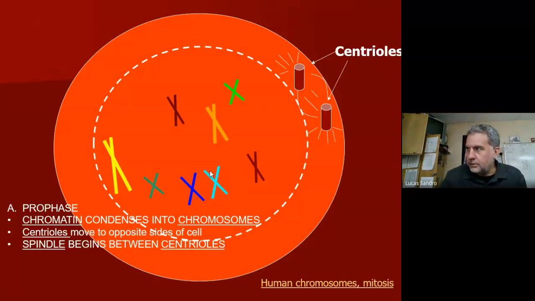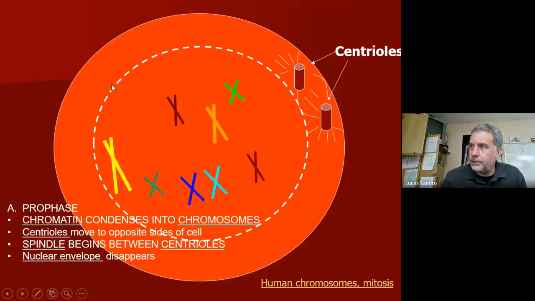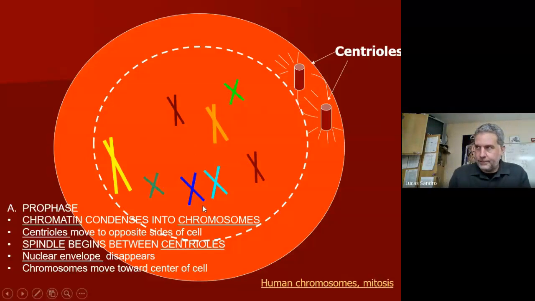The spindle is starting to grow between the centrioles. That's going to spread out to either end of the cell and wind up grabbing onto those chromosomes. The nuclear envelope is disappearing, like I said, and the chromosomes are starting to make their way towards the center of the cell. That's prophase, basically a real busy phase where everything's getting ready for that division of the nucleus.